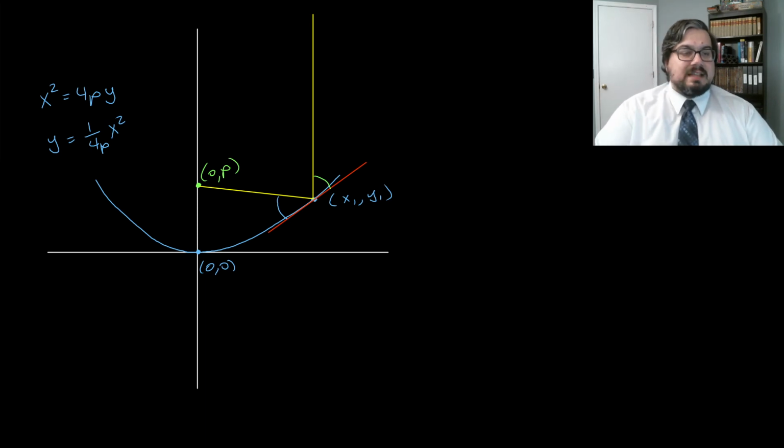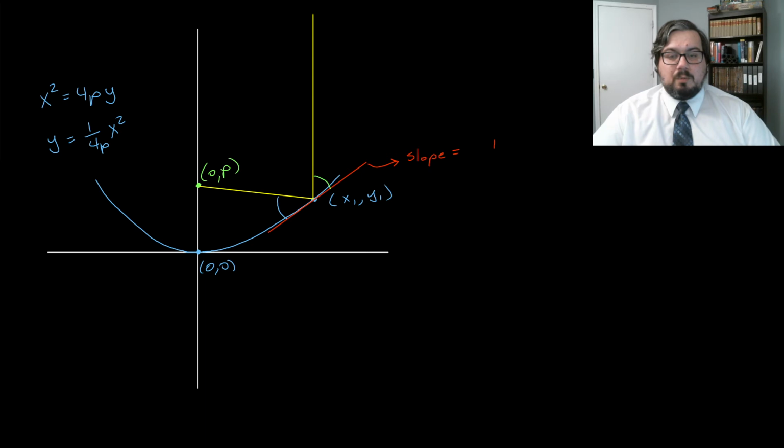And it turns out that you can use some principles from calculus with this to determine that this line, the red line here, has slope equal to x1 over 2p.